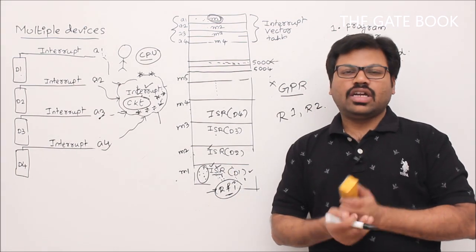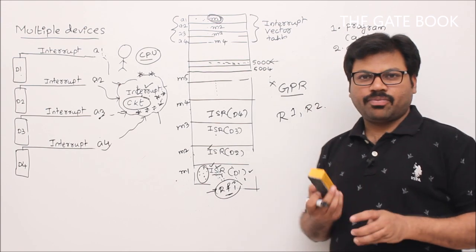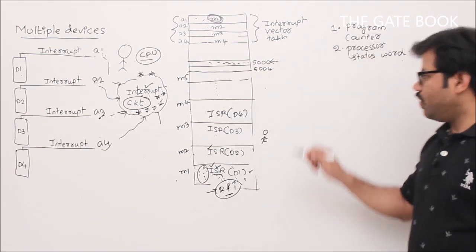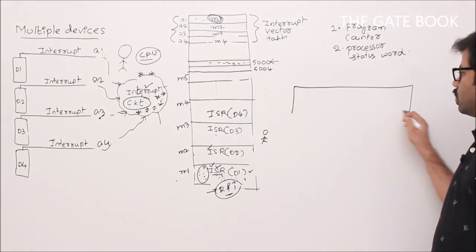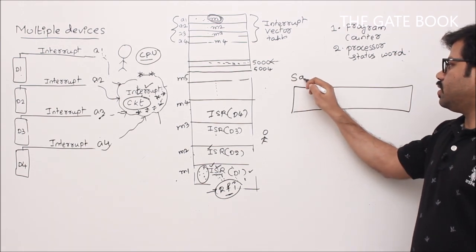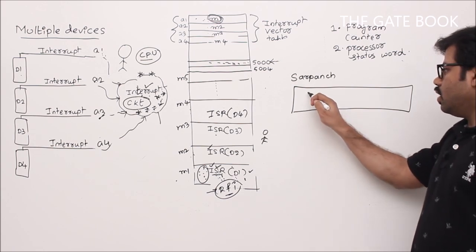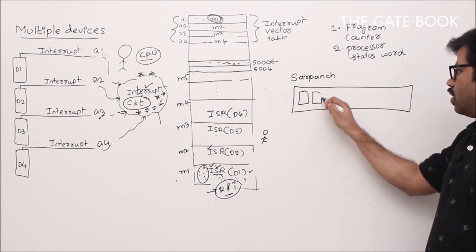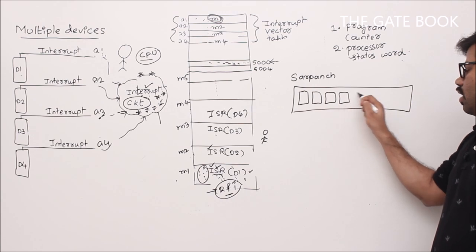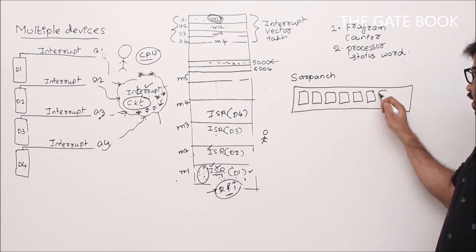That's better, correct? Now I will give you an analogy. Let's say there is a village and the head is the Sarpanch. He is the head of the village. These are all the various houses, and a lot of villagers are staying in these houses.